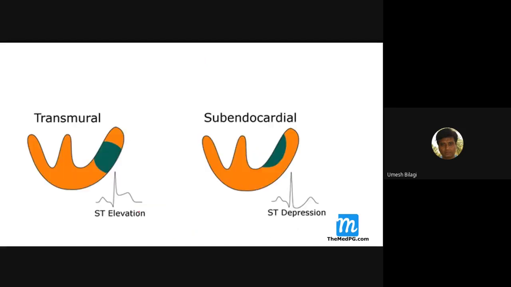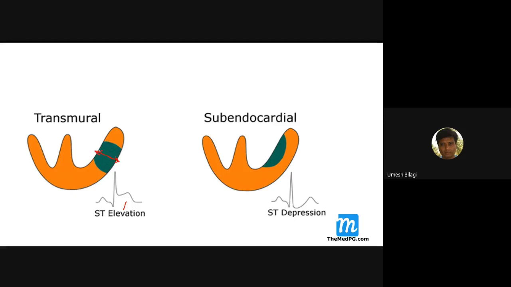Now the ST segment here you can see. This is the PR segment. If you draw a line, the ST segment has gone up here. So this is STEMI, ST elevation MI. Whereas here, the ST segment has gone down. It is NSTEMI. ST elevation MI means the heart damage is full thickness.